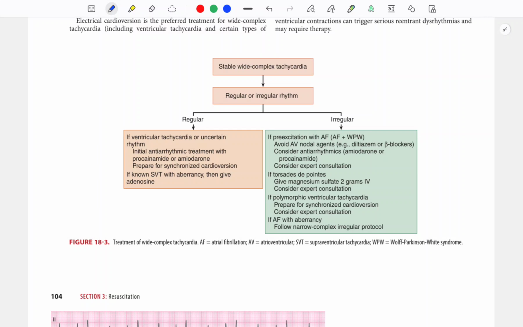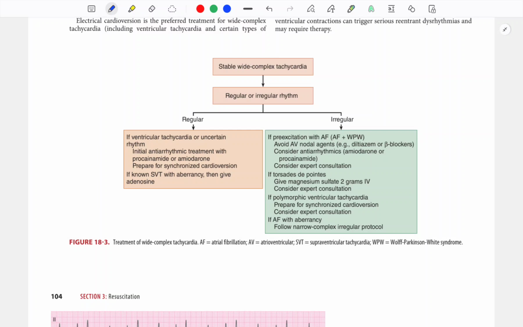Any regular SVT with aberrancy will cause a regular wide complex, and irregular SVT with aberrancy will cause an irregular wide complex. If the patient has regular tachycardia and ventricular tachycardia or some uncertain rhythm is there, provide antiarrhythmic treatment with procainamide or amiodarone.